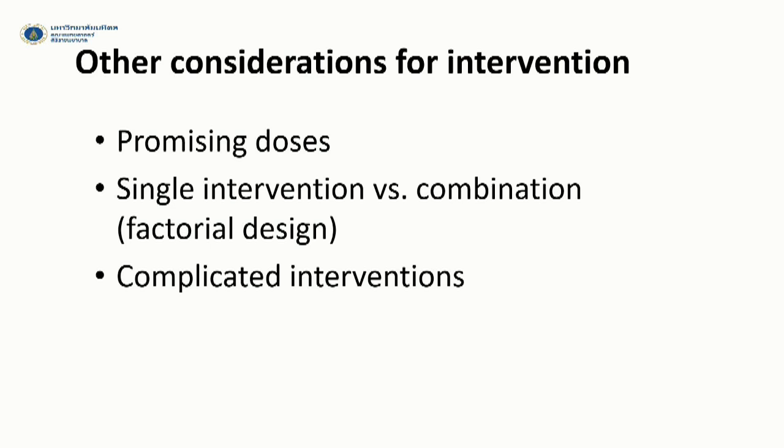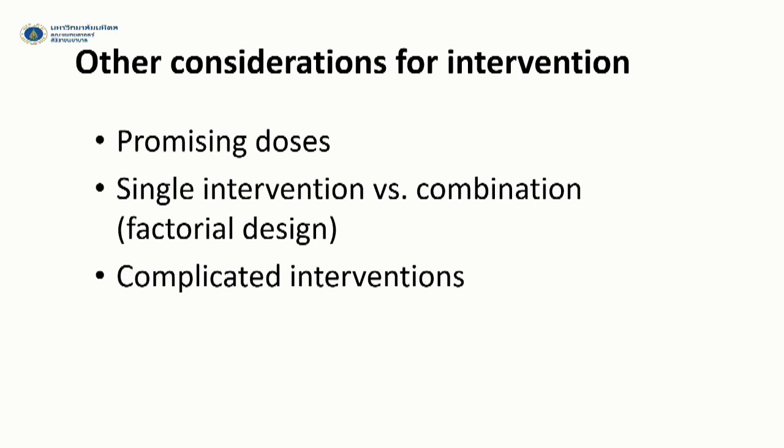Then another consideration for intervention is something you think about, promising doses. You need to decide what dose you want to use, what type of equipment, and what type of design you want to use, or sometimes you want to use a single intervention, like the slide I presented before. You study one medication and compare it with exercise.